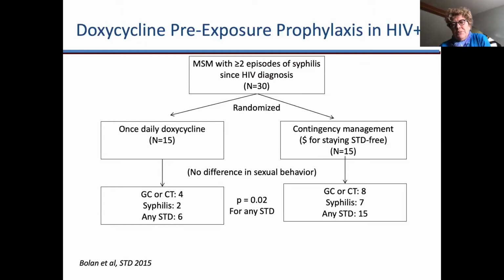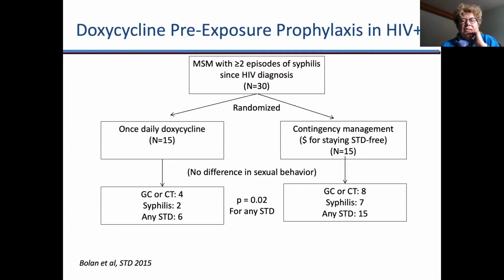And as you can see, it was really a pilot study. They did see a statistically significant reduction in those who took doxycycline daily, but it was not by any means big enough to form guidelines.